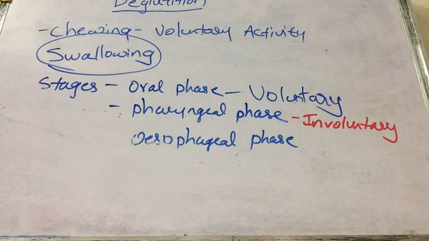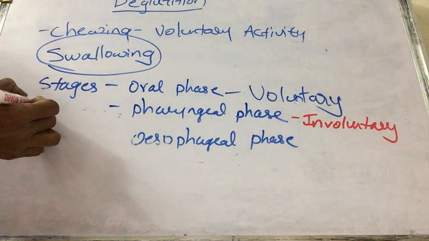And reflexly, the upper esophageal sphincter contracts, which prevents the regurgitation of food back into the pharynx. And the peristaltic wave travels about 3 to 5 cm per second, and it takes about 10 seconds for the food bolus to pass through the entire esophagus.